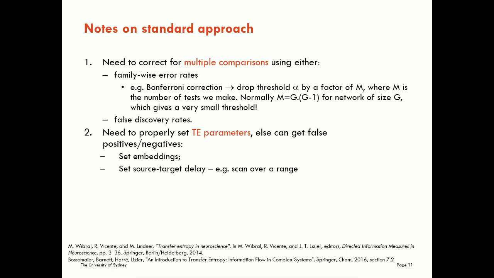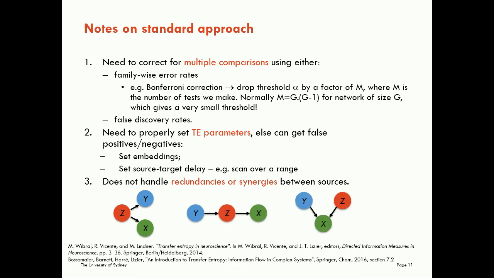In what we've done so far, we've assumed that there was a one time step delay between the source and the target, but that may not necessarily be the case. And often we'll scan our source-target relationship over a certain range of time steps. And of course, doing that, we need to remember, is going to lead to more comparisons again. So we need to incorporate that in the corrections for multiple comparisons that we make later.